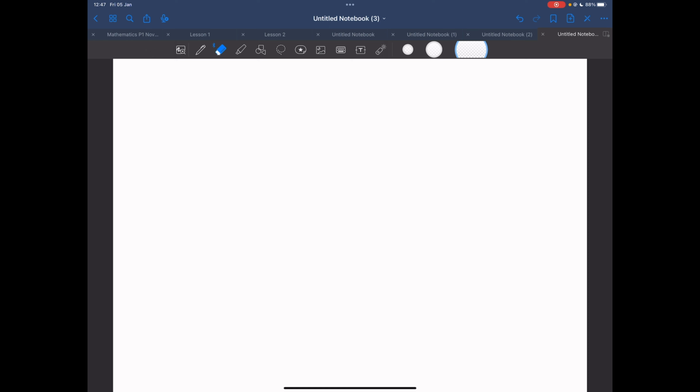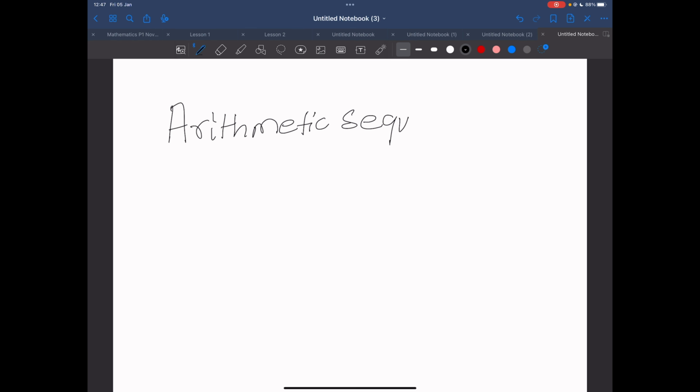Guys, today we are doing the arithmetic sequence. Now, arithmetic sequence is the same as the linear number pattern that we did in grade 10.